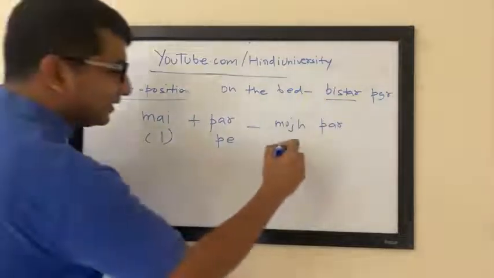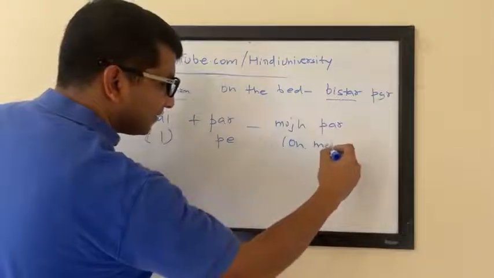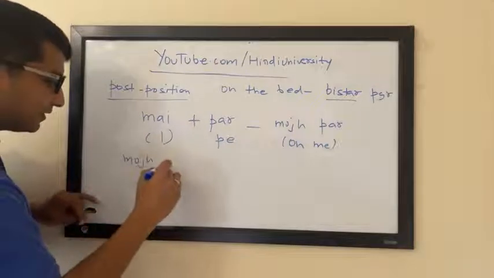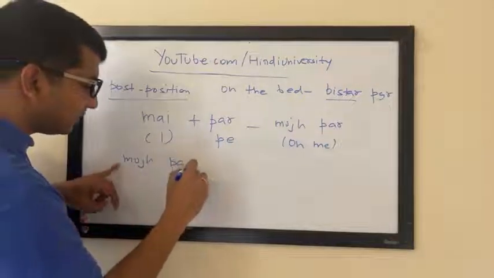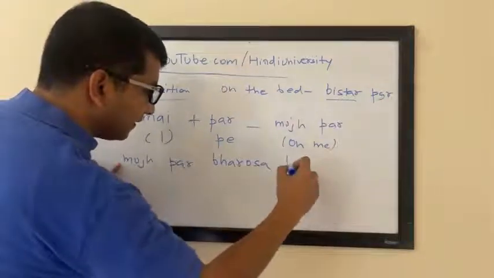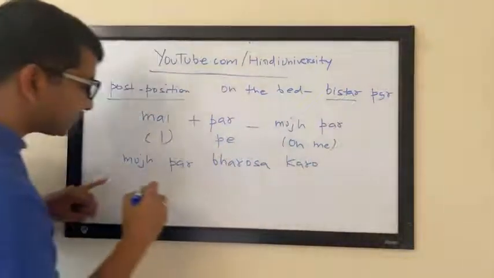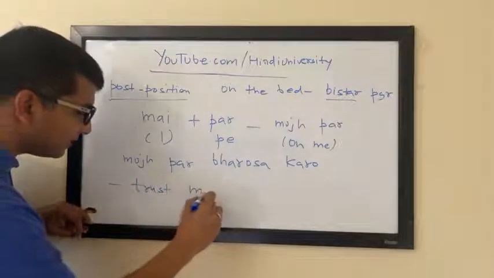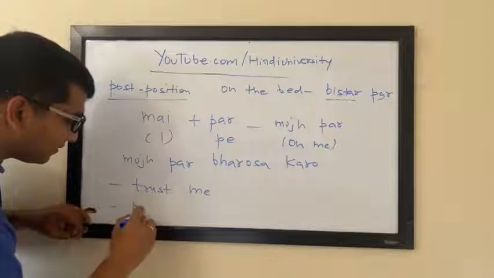On me. मुझ पर भरोसा करो means you can put your trust on me. Okay, like yes sir, very good. So you're saying मुझ पर भरोसा करो, like trust me. Trust me or put your trust on me.